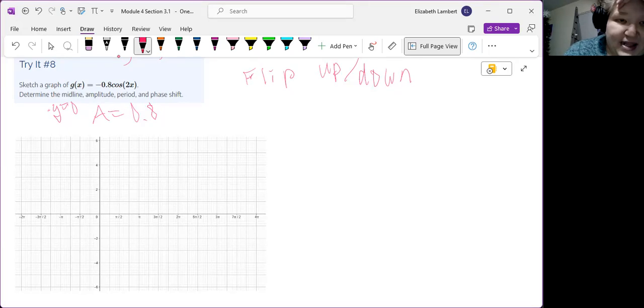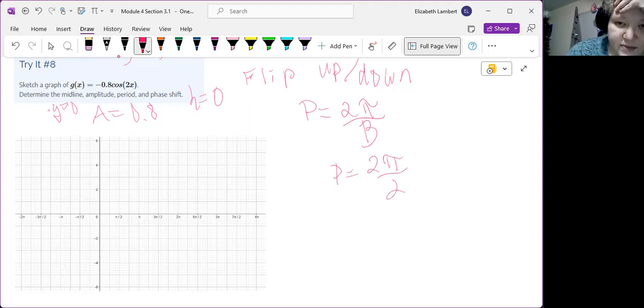And then period, well, our phase shift is none, but our b value is 2. So our period is only pi.